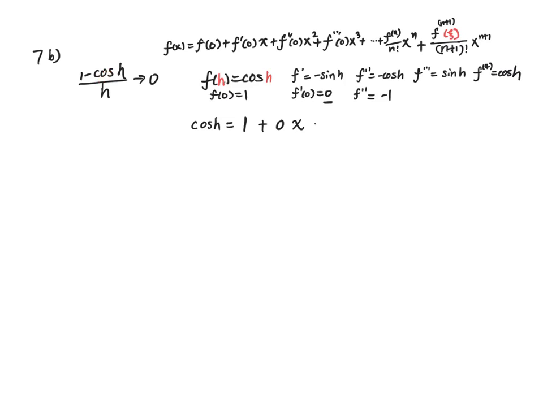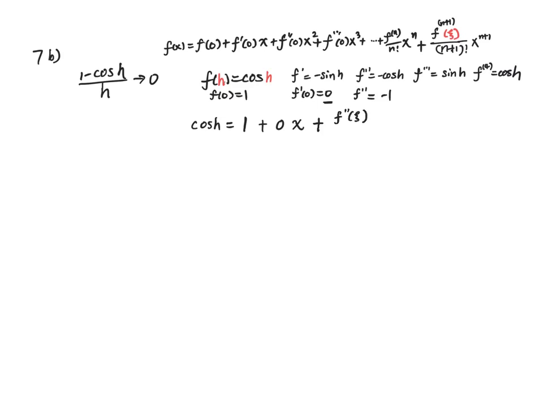So the next one will be my error term. I actually will not use this guy anymore. I will stop here, at f double prime at xi.